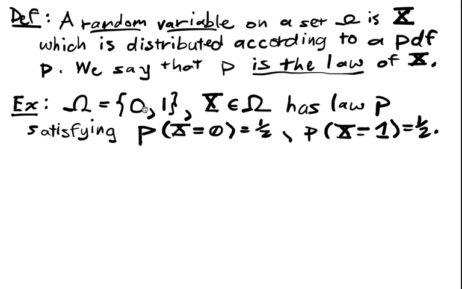And such a thing where I have a 0, 1 outcome is called a Bernoulli random variable.